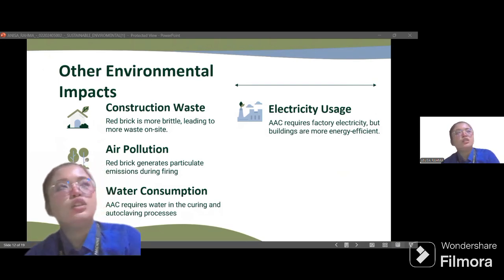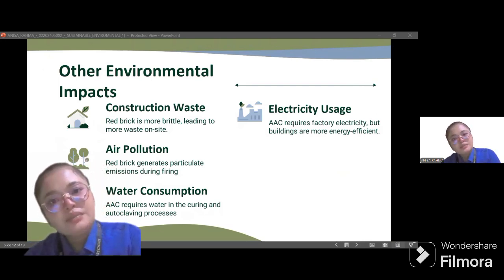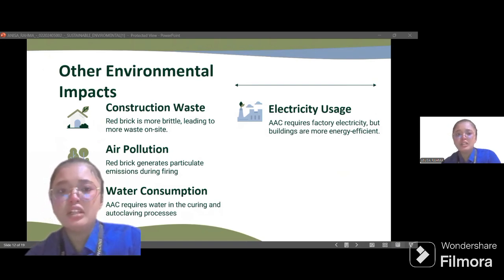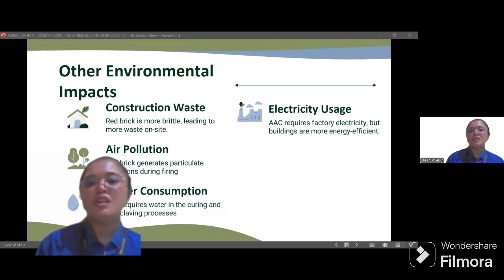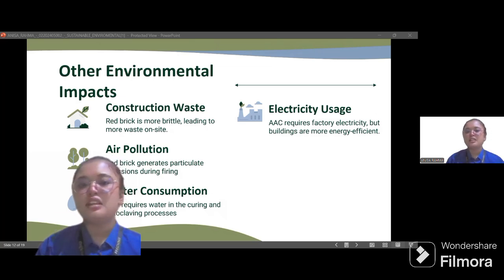These impacts include aspects such as water consumption, air pollution, construction waste, and electricity use. While carbon dioxide emission is one of the primary indicators in assessing environmental impact, these other factors are also critical for a comprehensive assessment. Let's discuss these aspects in detail.